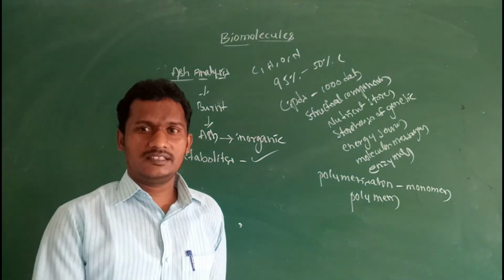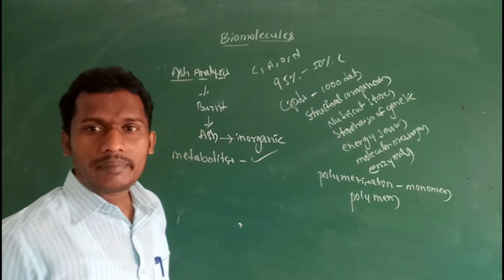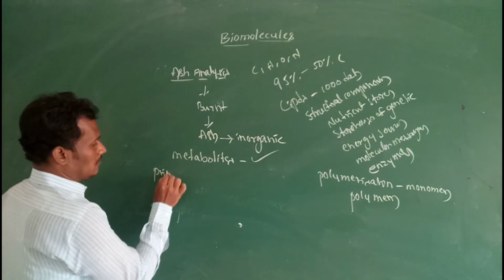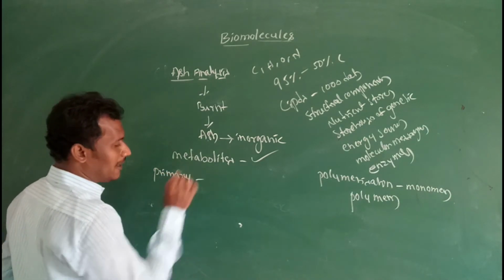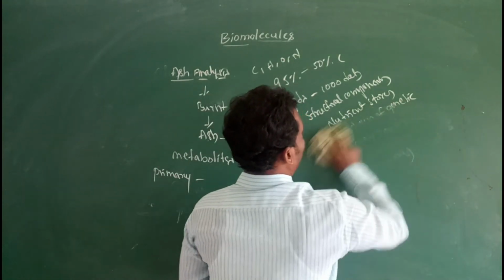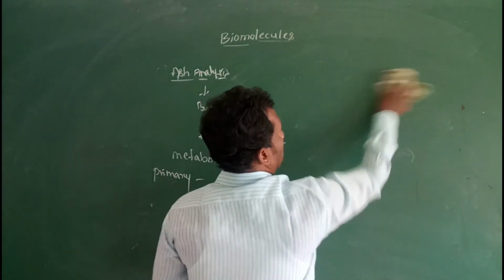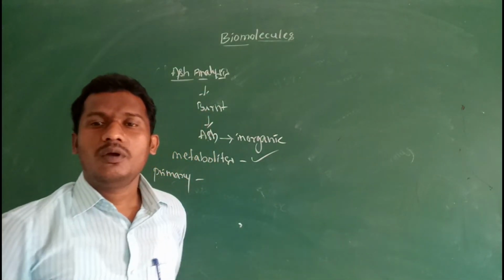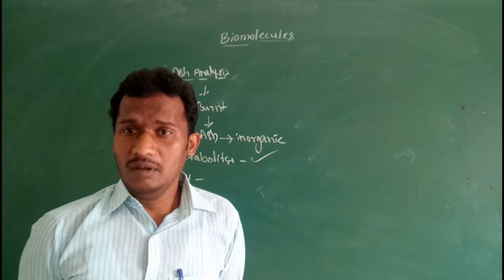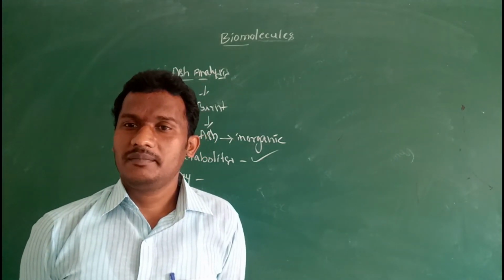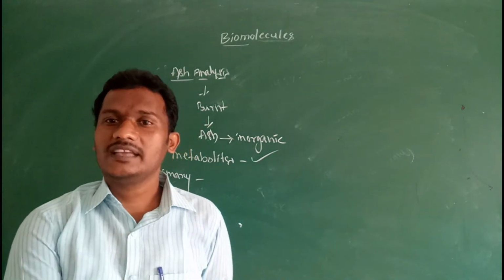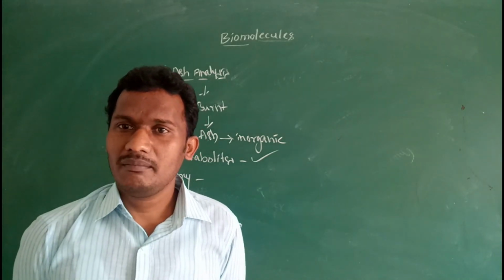So macromolecules are polymers, and micromolecules are nothing but metabolites. Metabolites are basically of two types: primary metabolites and secondary metabolites. Coming to primary metabolites first: when biomolecules participate in metabolic reactions, the first formed metabolites are known as primary metabolites.